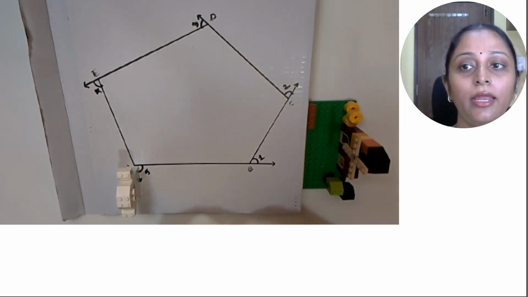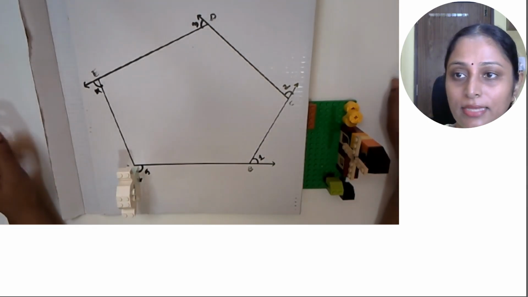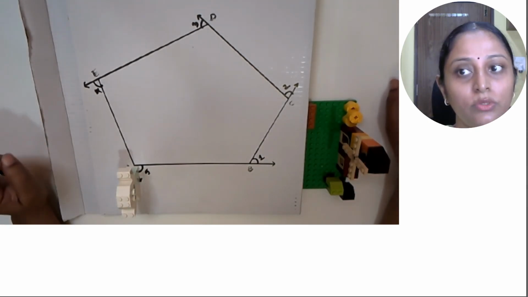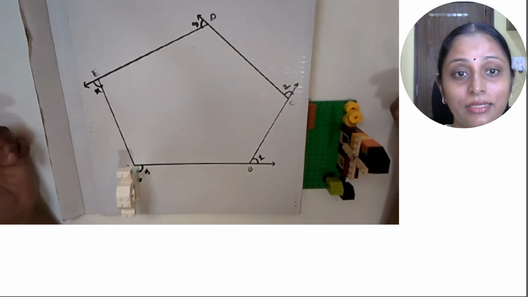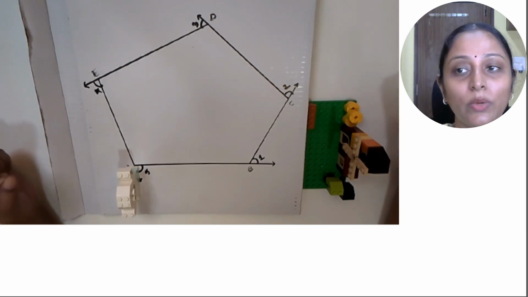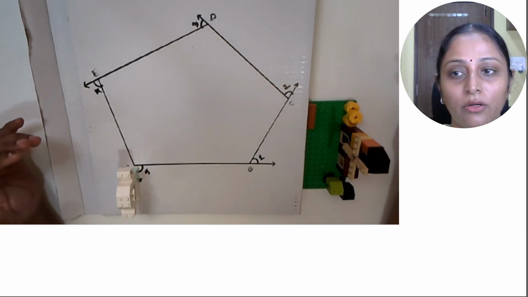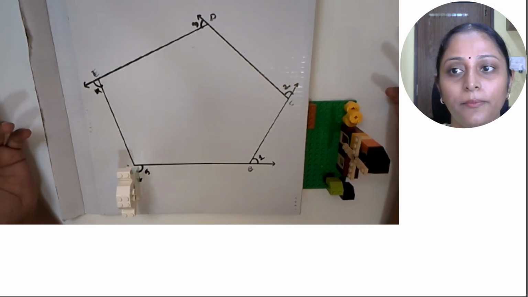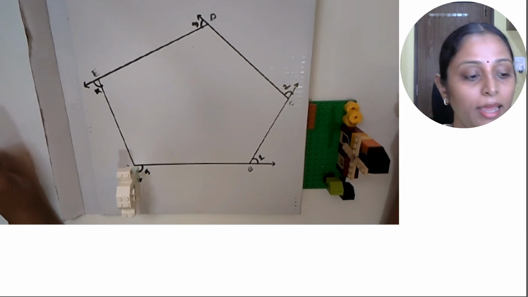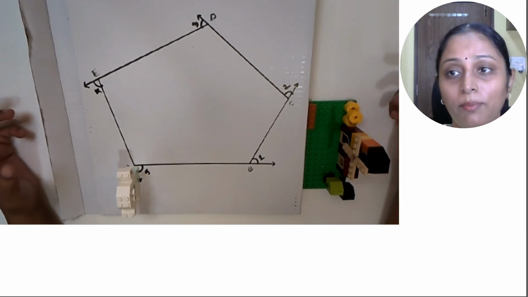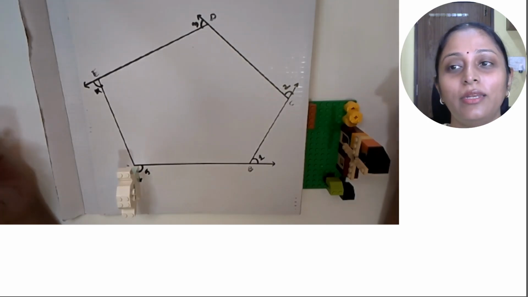You can actually try with other polygons as well, and I strongly suggest that you do this activity, because the result that you get out of it is very important, and you will be using it very frequently in geometry. This way, by doing the activity, you will never forget it.